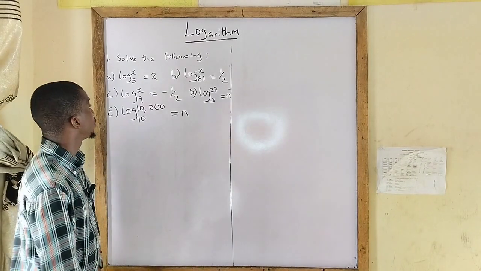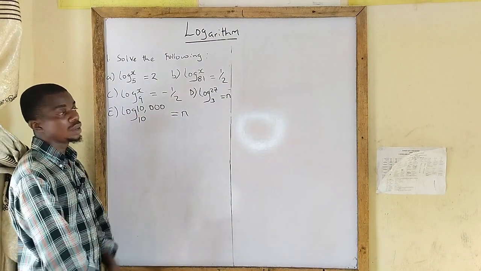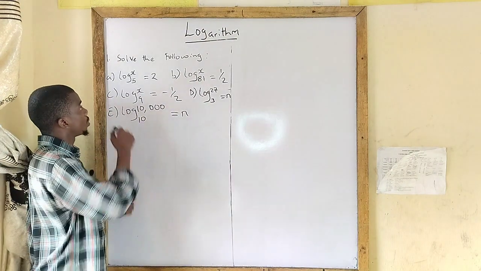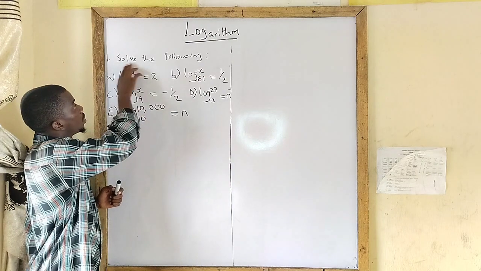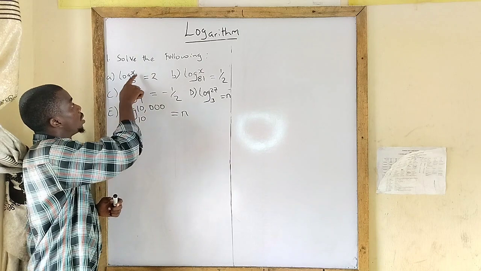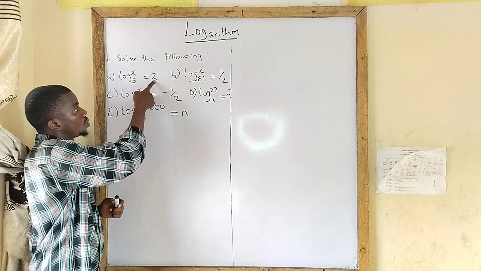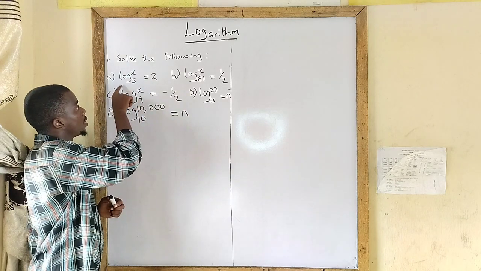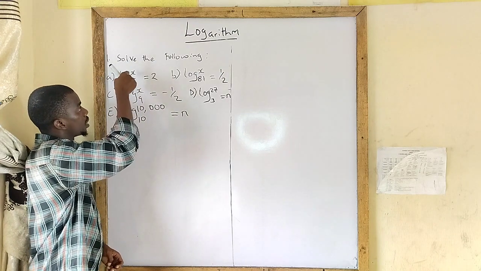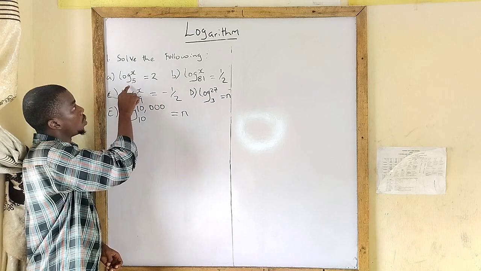We are going to solve some simple problems on logarithm. The question says solve the following. The first question is log x to base 5 equal to 2. This statement says, what will be the number if the base is raised to the power of 2?